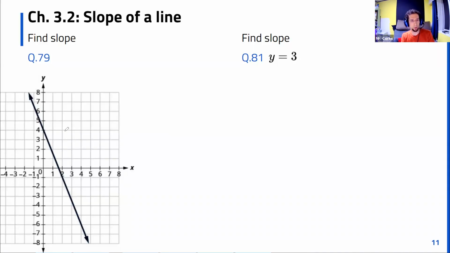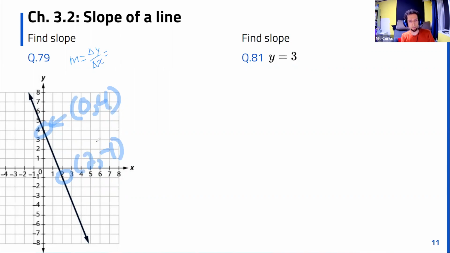So tell me 2 points that look like they're easy to read off of our graph. 0,4 and 2,-1. Okay, so these 2 points right here. So we have 0, 4, and we have 2, -1. So we can use these 2 points, and our slope formula is m equals delta y, change in y over change in x.